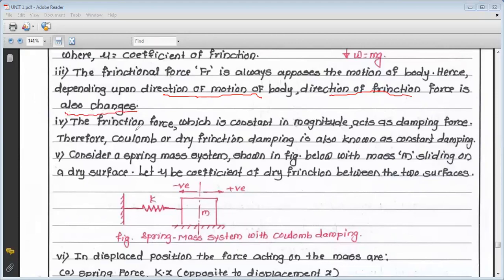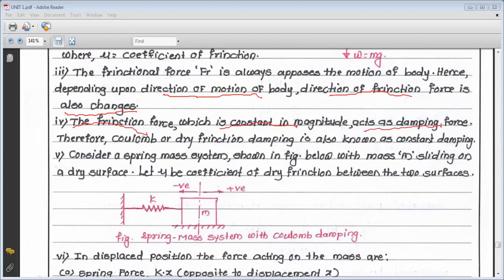So the frictional force, which is constant in magnitude, because it depends upon mu, the coefficient of friction, is constant. M, that is mass, is also constant, and g is the gravitational constant, it is also constant. So frictional force is constant in magnitude, which acts as a damping force because it is opposite to the motion of the body.